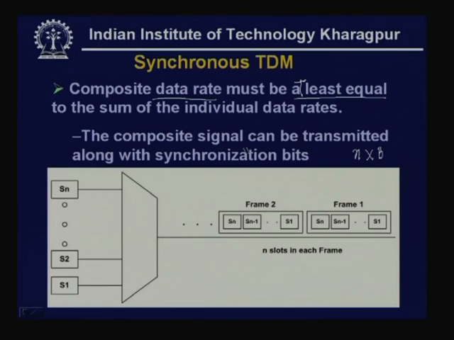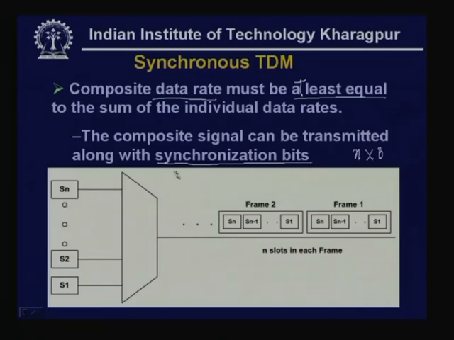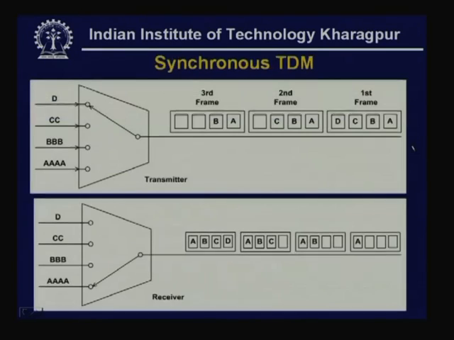Then the composite signal can be transmitted along with synchronization bits. Just like the guard bands used in frequency division multiplexing, and guard band is essentially some kind of overhead bits, similarly here the synchronization bits are overhead bits, as we have seen in case of time division multiplexing.